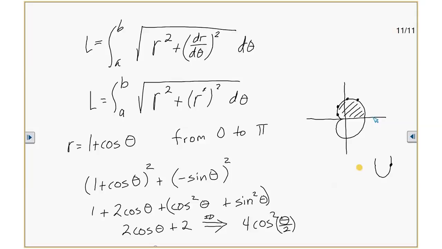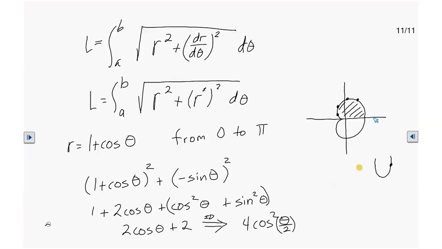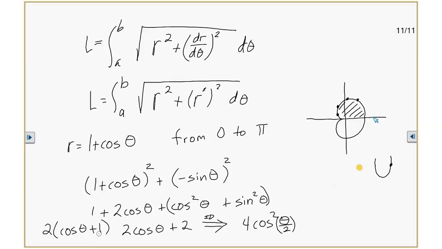In other words, factor out a 2, and you get cosine theta plus 1. And what's 1 divided by 2? Well, no, that would be cosine theta over 2. I believe that will give you 4 cosine squared theta over 2. And this is what you take the antiderivative of, or the square root of.